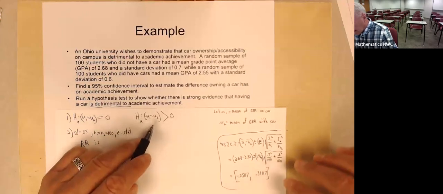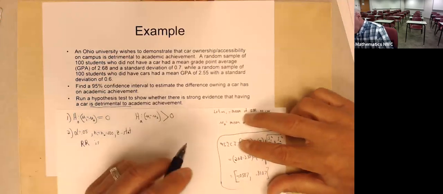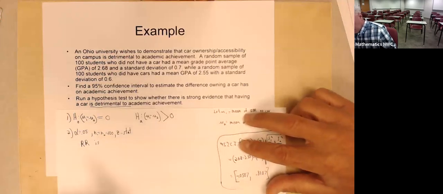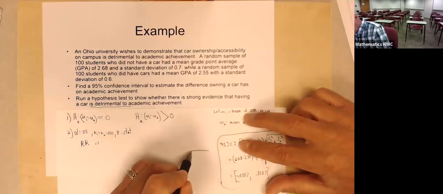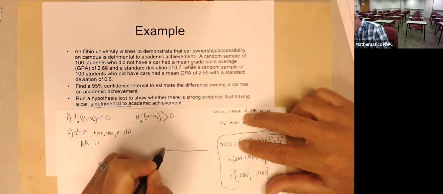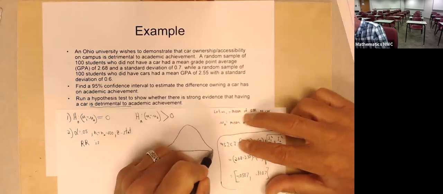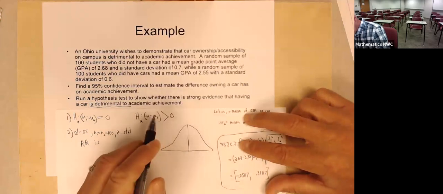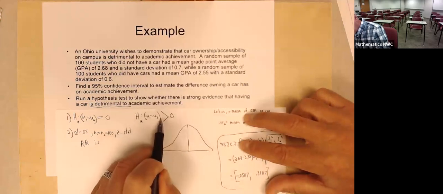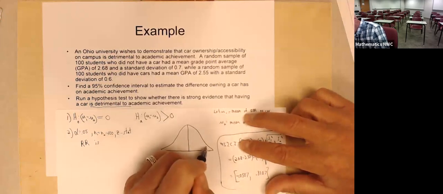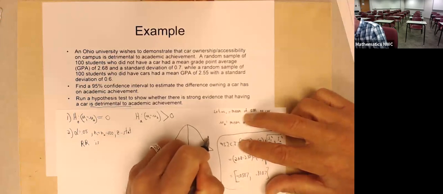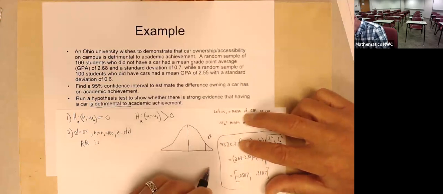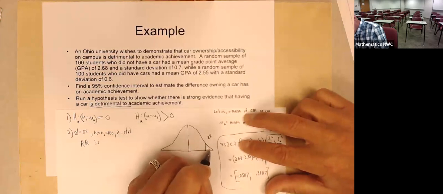It's a single-tailed test. Again, you don't need this drawing, but I'm going to put it in there. We're testing if it gets to be a big enough positive number. So this time, my rejection region is on the positive side. It's this one right over here.